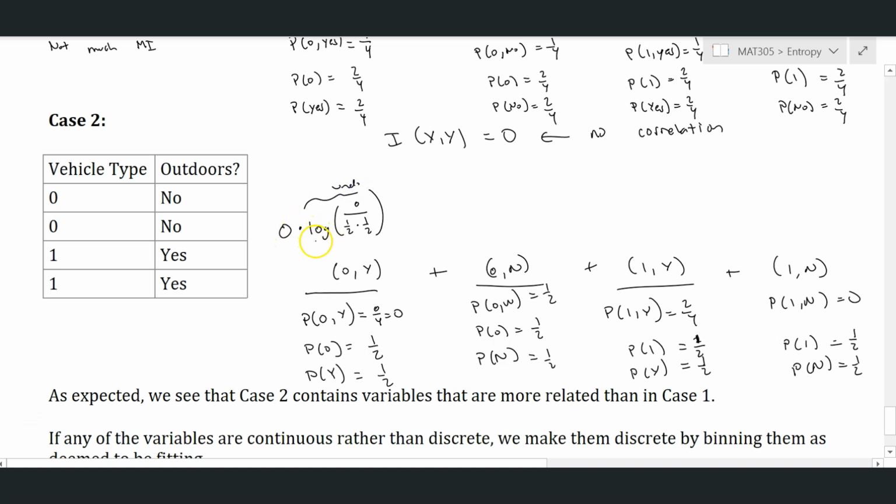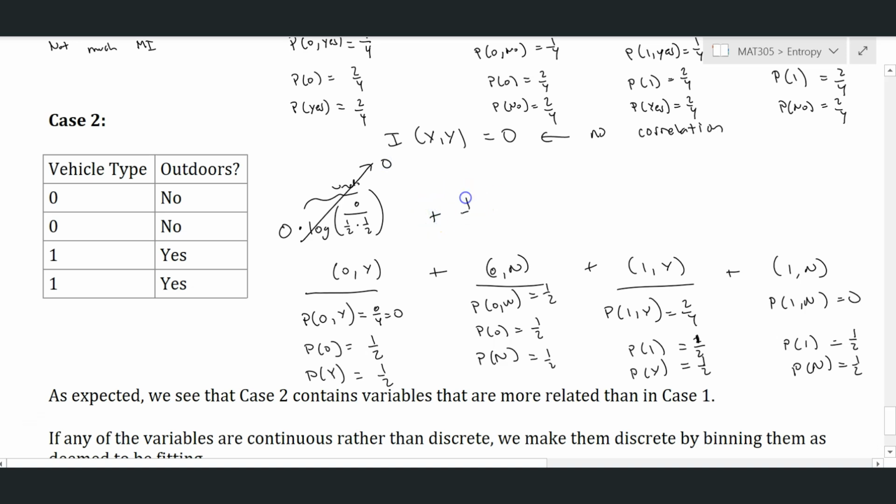So as x gets really small, then the x log x over 1/4 will get really, really close to 0. So we're just going to basically say this is 0, and then we will do the same thing here.